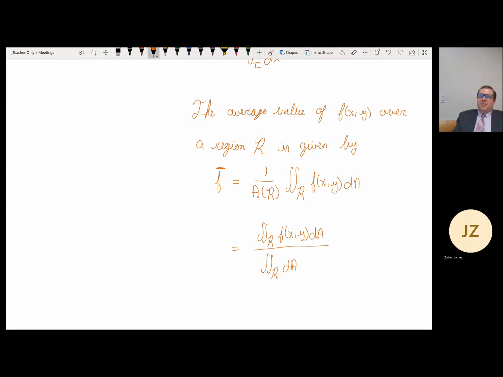So we're not going to have to worry about setting up a double integral for that. But if the region was more general, then you would have to set up the double integral.